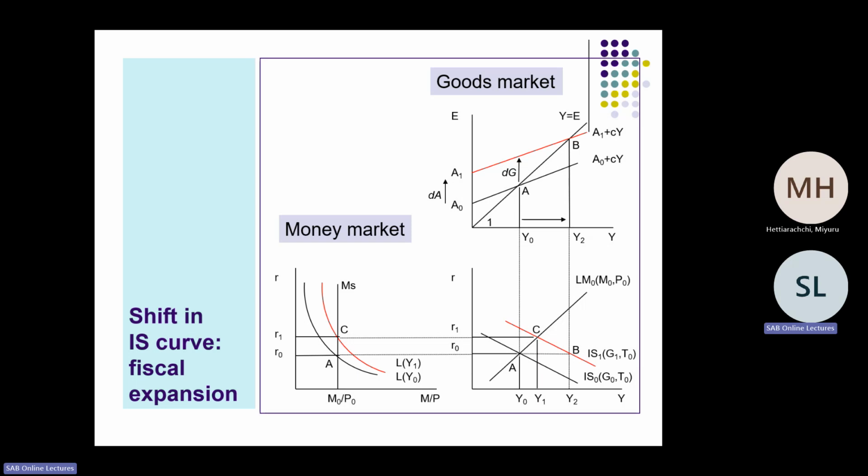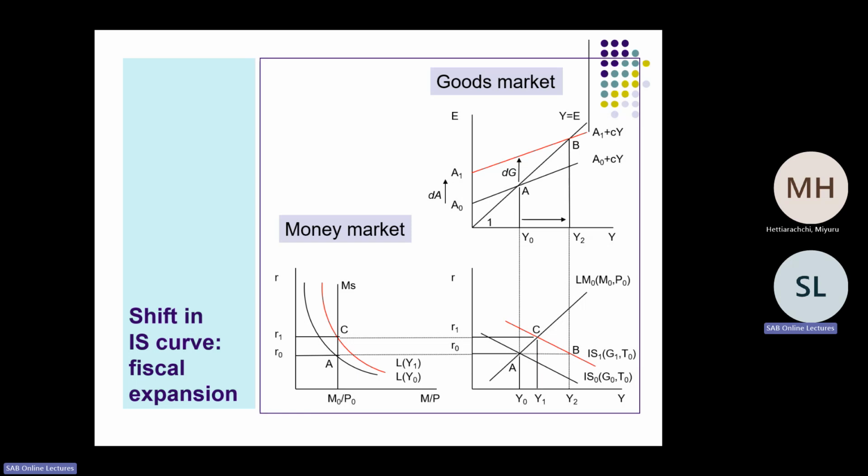Right? Because when the government raises expenditure, how is this expenditure financed? With borrowing, right? The government borrows from the market, or issues treasury bills, right? Private sector funds will be tied up in these treasury bills and treasury bonds, right?